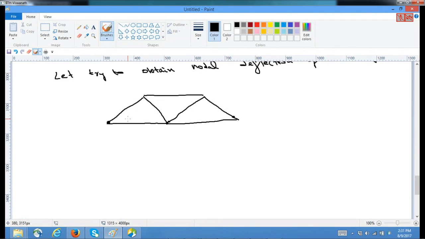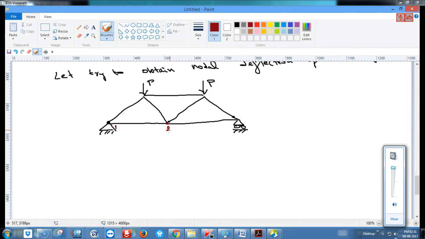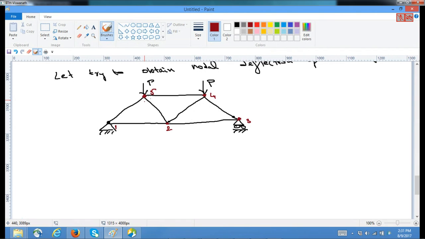Let us number the nodes first. So let me take this as node 1, node 2, node 3, node 4, and node 5.